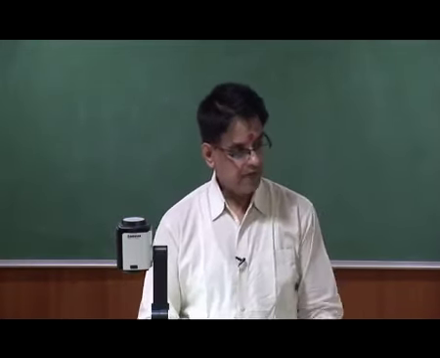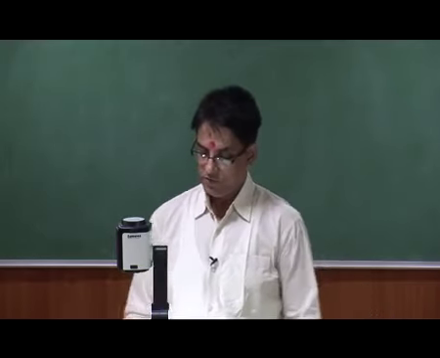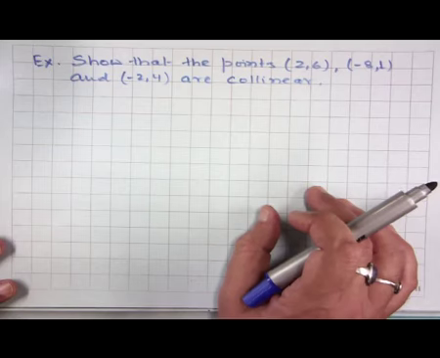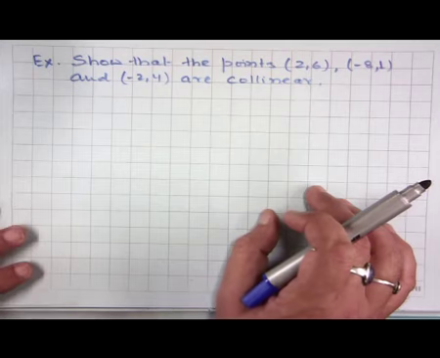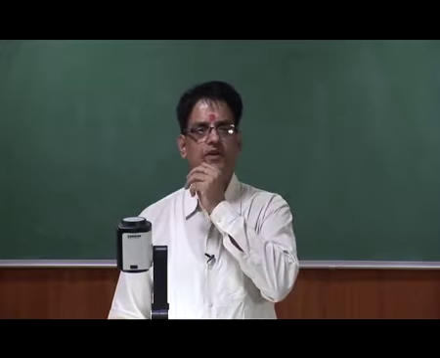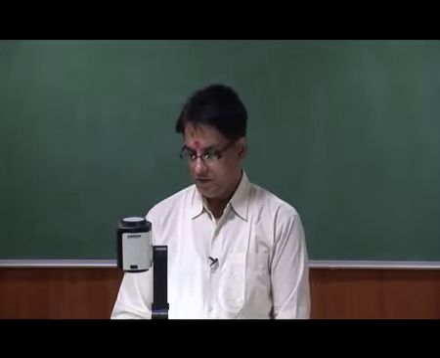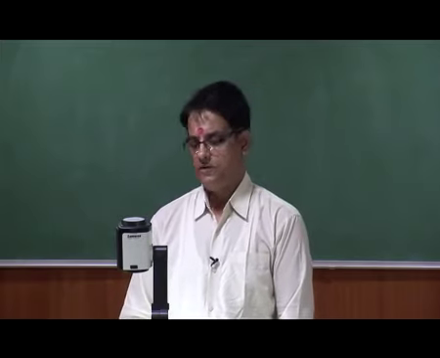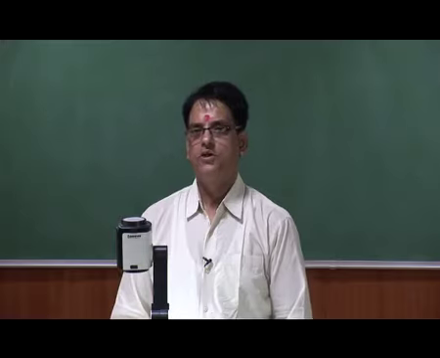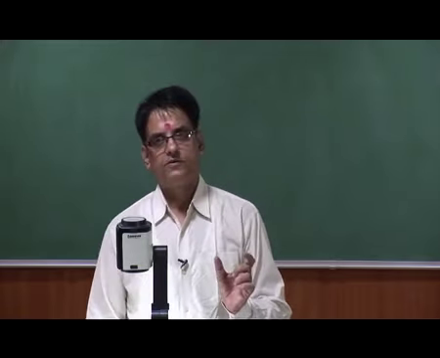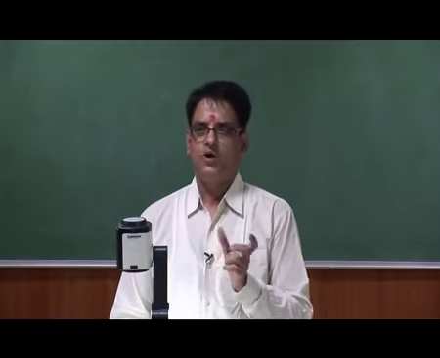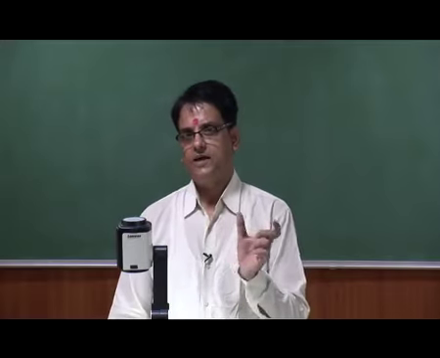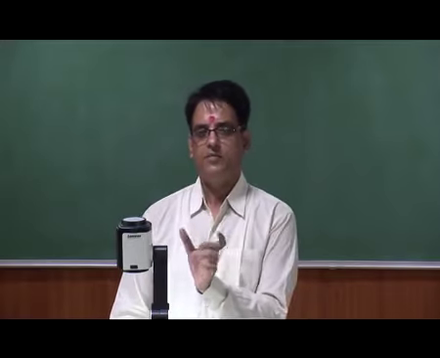Now we have an example: show that the points (2, 6), (-8, 1) and (-2, 4) are collinear. So now what are collinear points? What is the meaning of collinear points? 3 or more than 3 points lying on the same line are called collinear points. Co means at the same, linear means at the same line.